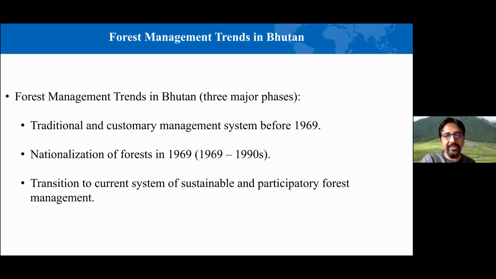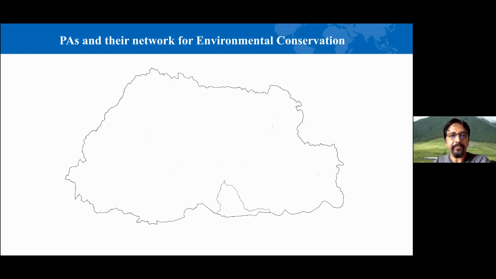After 2000, the government changed from absolute central management to participatory forest management, which is currently in use. When the government makes decisions, they talk to people, figure out what is needed, and then decide based on the requirements of the local people.